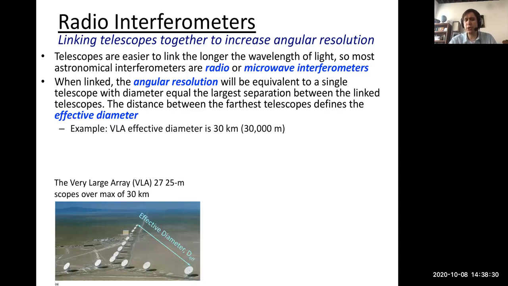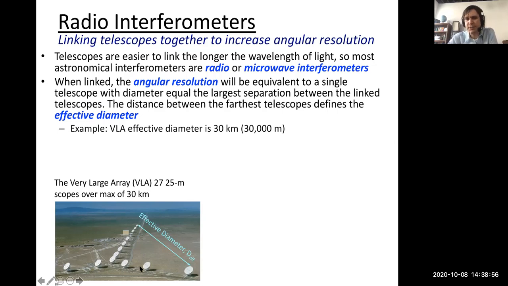But I want to go ahead and show you how this works at increasing angular resolution first with some real examples. So let's take the example of the VLA. This is not all 27 dishes. This is only a subset. They're laid out in this nice pattern that is kind of like a giant triangle, where you can go out this way and this way and this way. There are little railroad tracks so you can reposition the telescopes.